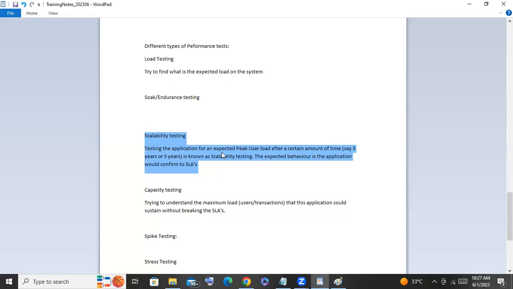That load you would achieve only after 3 or 5 years, not right now, isn't it? So you can release the application to the target users and continue working on fixing it, to ensure it works for more users, more load, or transactions. Clear about it, guys?